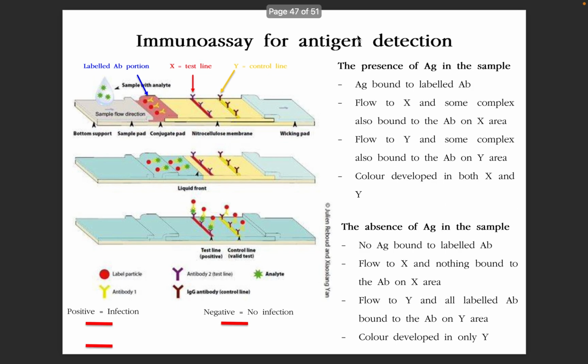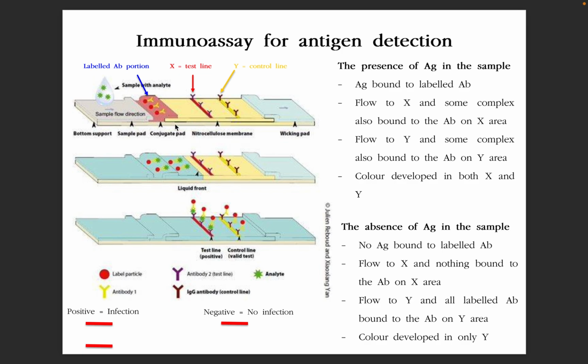When the sample solution contains SARS-CoV-2 antigen, it is captured by the labeled antibody, forming a complex during the flow. When this complex reaches the test line, indicated by X, the complex is captured by the immobilized antibody recognizing SARS-CoV-2 antigen, so the color is developed in this line.